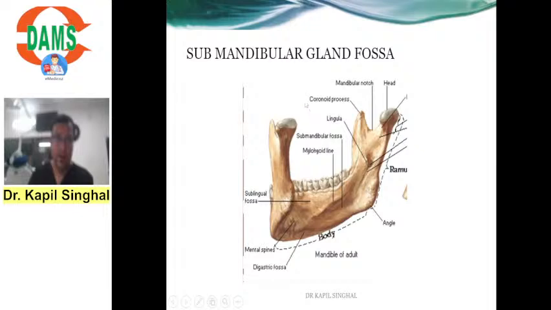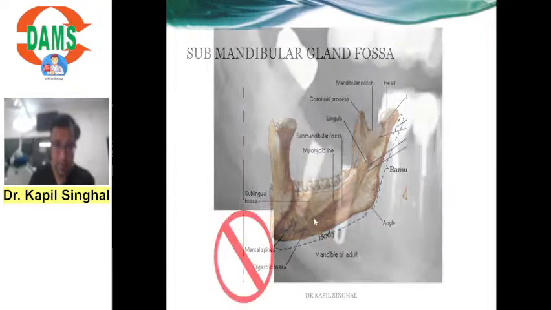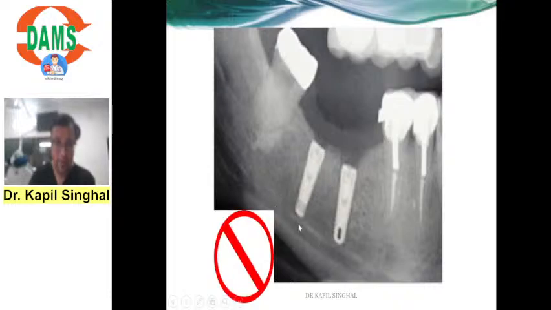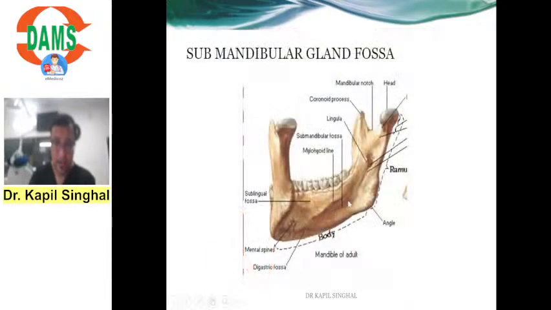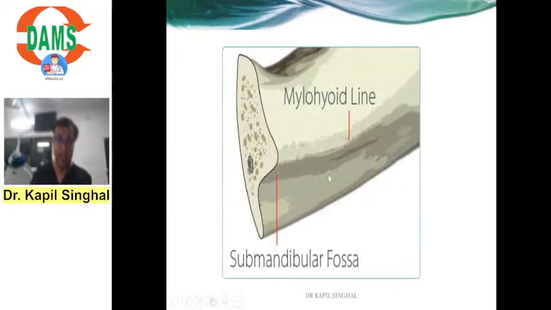So for drilling in a mandibular molar, there are two things to remember. First, stay away from the nerve, and second, don't drill in such a way that you go into the submandibular fossa region, because it's a concavity where the submandibular gland is present. Okay, so these are two important things to remember. Clear?